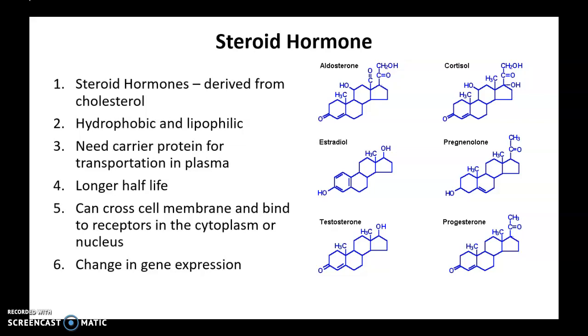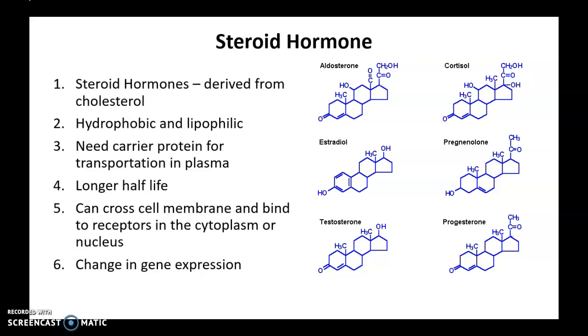Because they are lipid derived, they can also cross the cell membrane, and their receptor is most likely found in the cytoplasm or on the nucleus. They are going to target changes in gene expression. The fastest acting steroid hormone can change the physiology of the target cell in about 45 minutes, which is actually pretty remarkable.